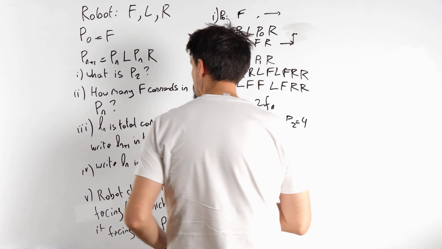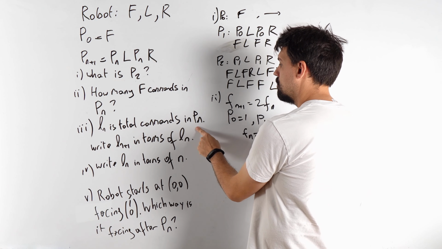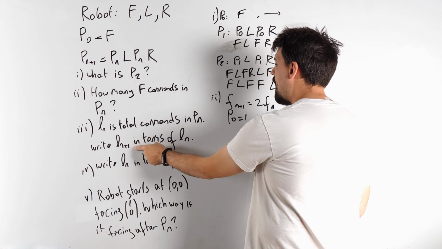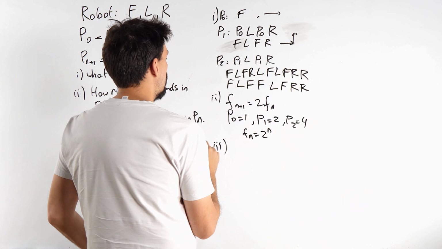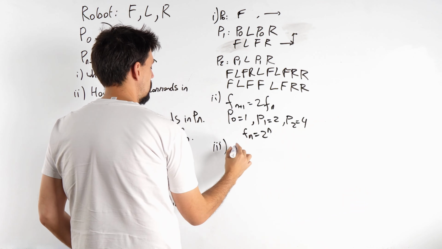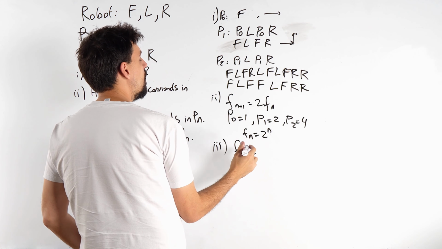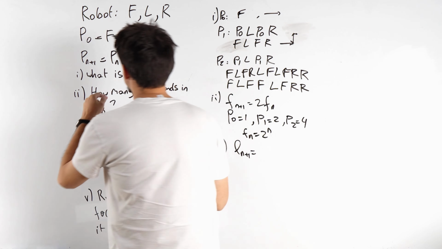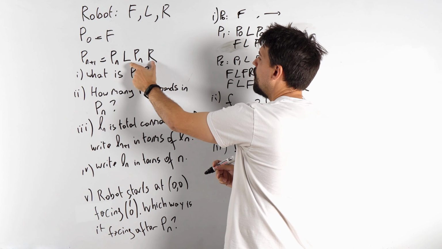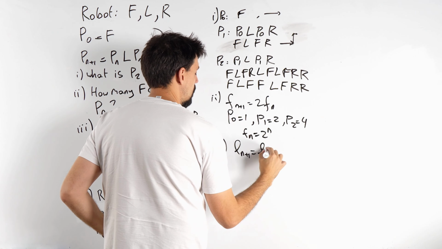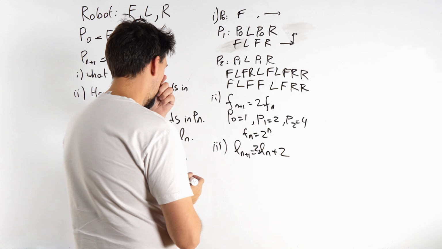Now, if ln is the total commands in Pn, let's get ln plus 1 in terms of ln. Well, same sort of idea. The number of commands will be the number of commands in Pn twice, plus 2. So it's ln times 2 plus 2.